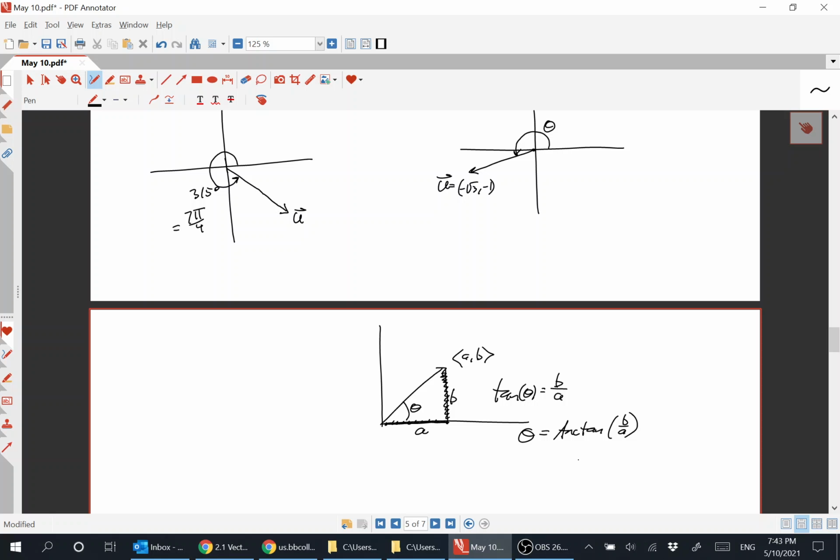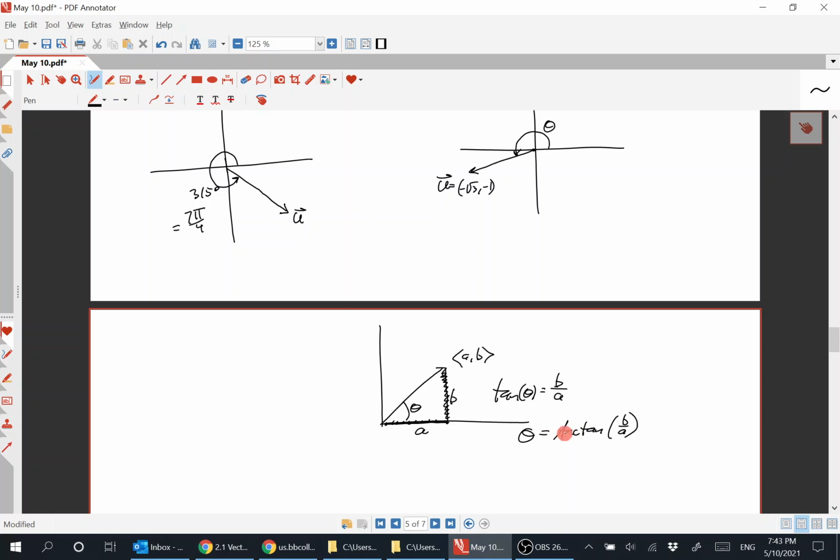Right? And that works for whether the vector is in the first quadrant, second quadrant, third or fourth quadrant. It works in any quadrant. Right, so here, what do we have? Well, no, actually, it only works in the first two quadrants. Yeah, you have to measure the angle, right?